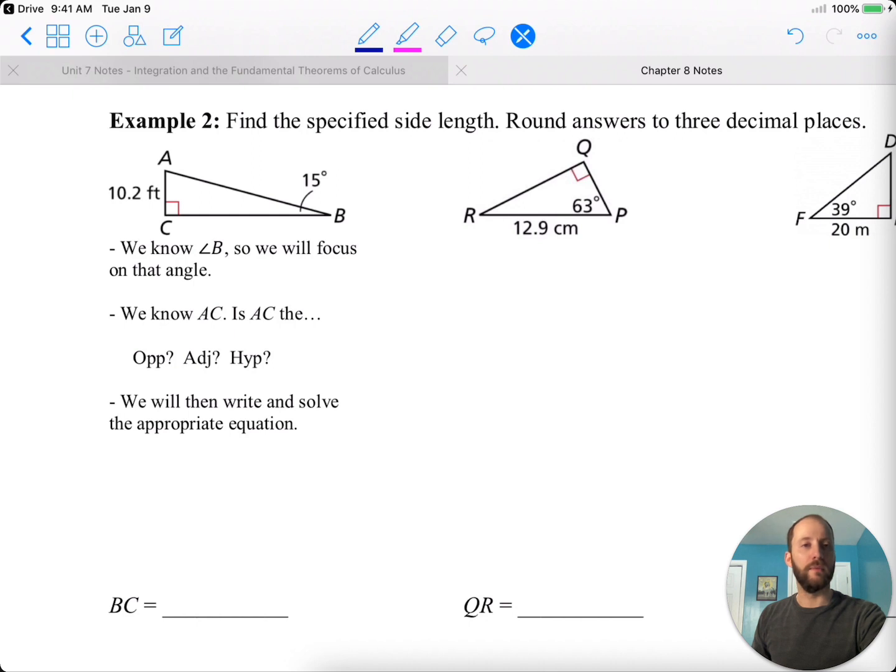We know we have 15 degrees, and we know we have 10.2. That side in relation to the 15 degrees is the opposite. So we know angle B, we know AC, and AC is the opposite. And we're trying to find BC.